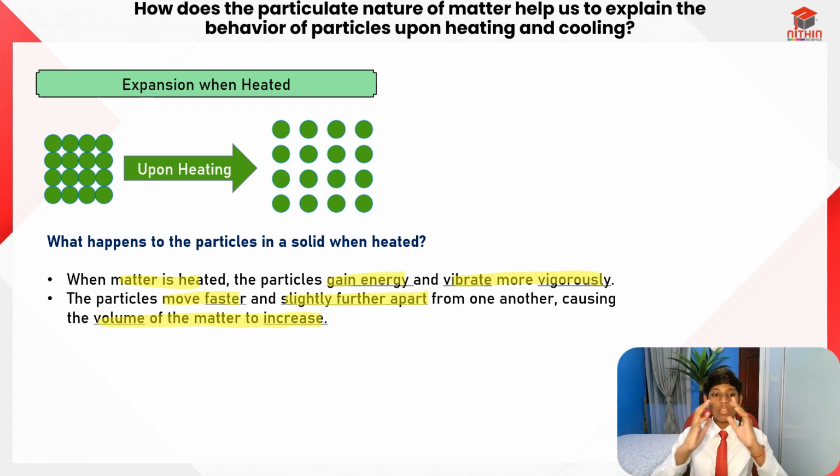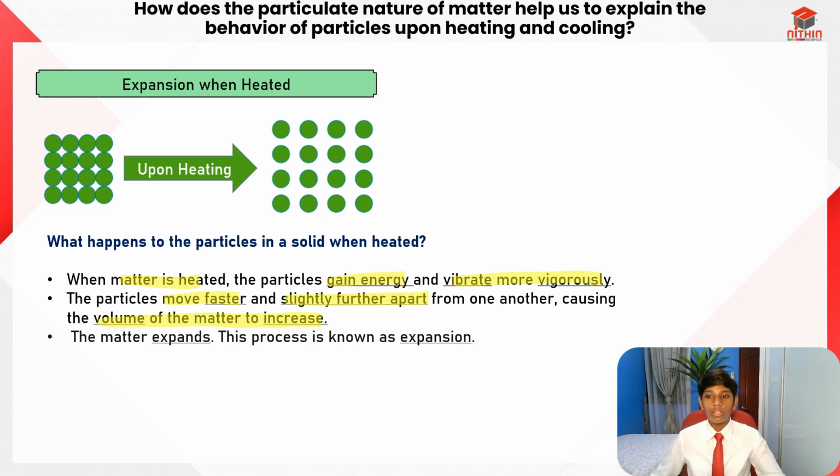So from a solid like this, the particles moved apart. Now the solid is this big, and this means that it has a bigger volume. So this is what I mean. I hope you understood that. The matter expands. This process is known as expansion.